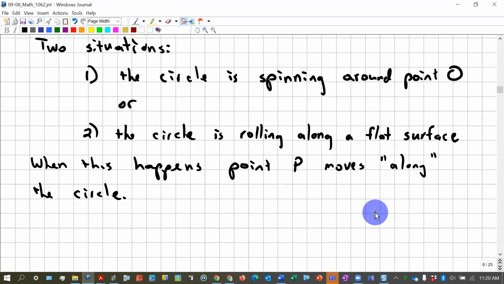There are two ways to measure, to answer the question, how far does point P move?